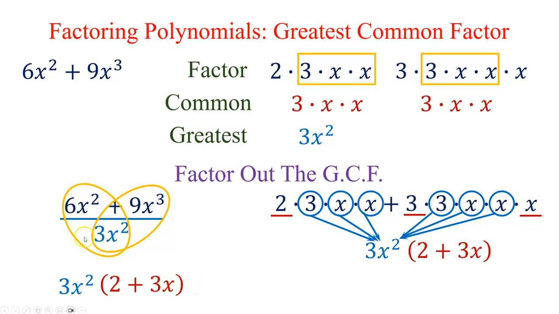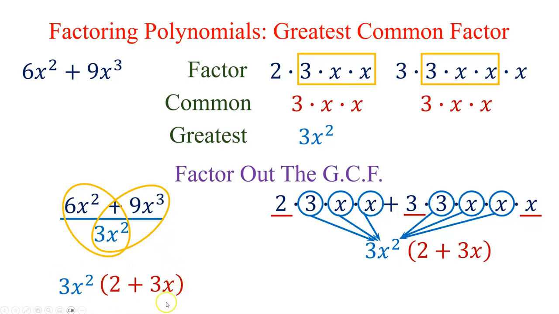I got the 2 because 6 divided by 3 is 2. X squared divided by x squared, that cancels out. 9 divided by 3 is our 3. X cubed divided by x squared is simply x. If you recall, when dividing like bases, we simply subtract the exponents. 3 minus 2 gave us the 1.